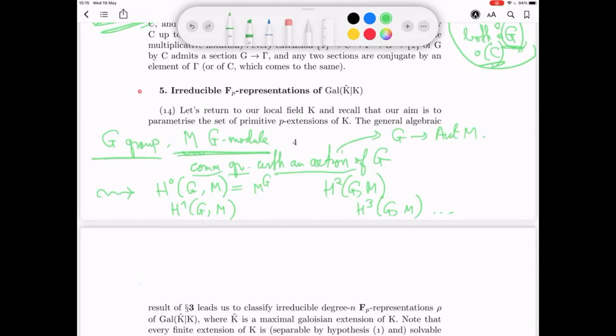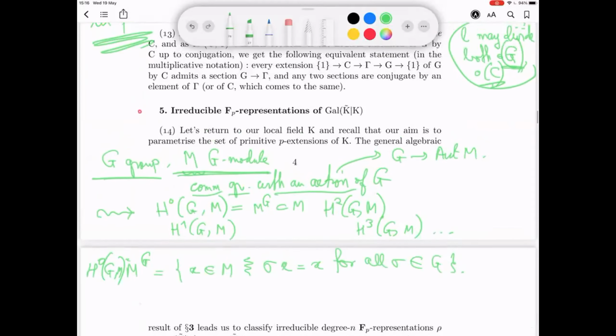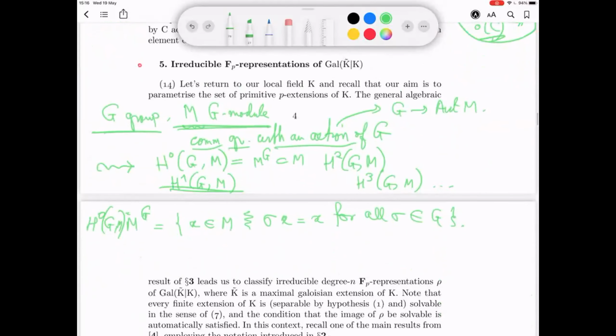This is a subgroup of M, and M^G is just the set of all x in M such that sigma of x is equal to x for all sigma in G. That's what is called H0(G,M). Then H1 is slightly different.